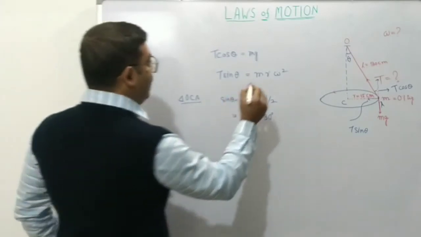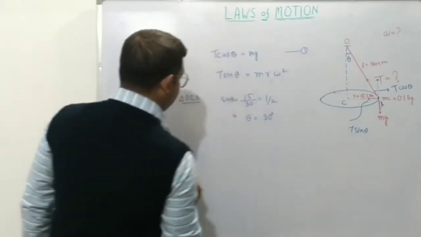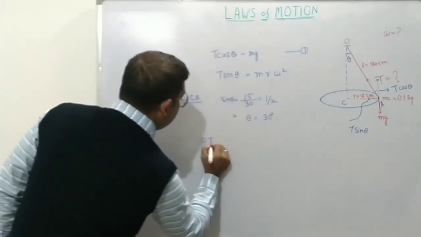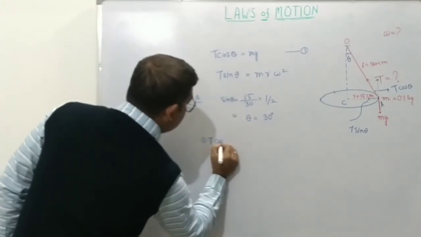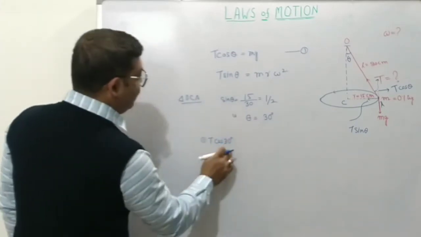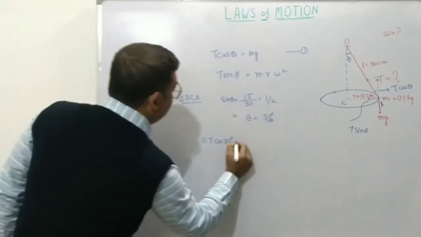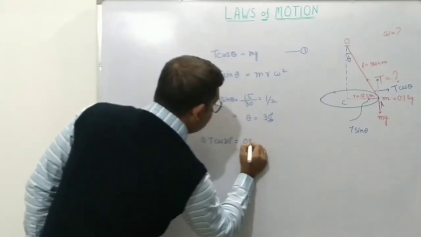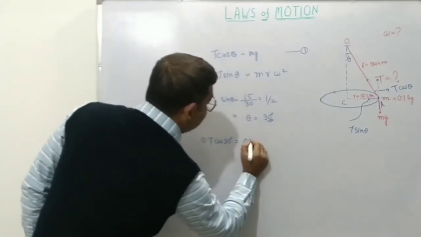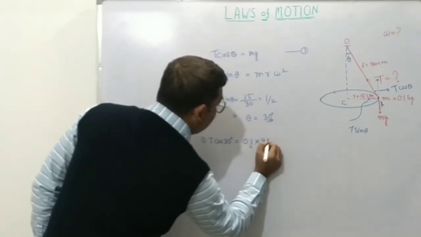So, equation number 1 will give us T cos 30 degrees, substituting the value of theta, must be equal to m, that is 0.1, into g, 9.8.